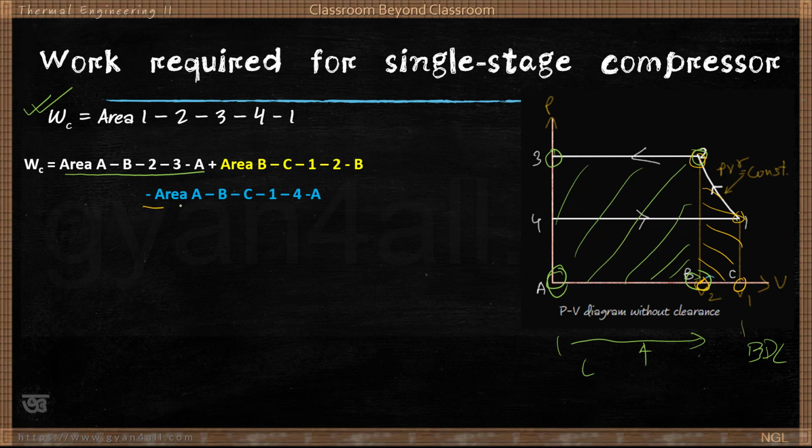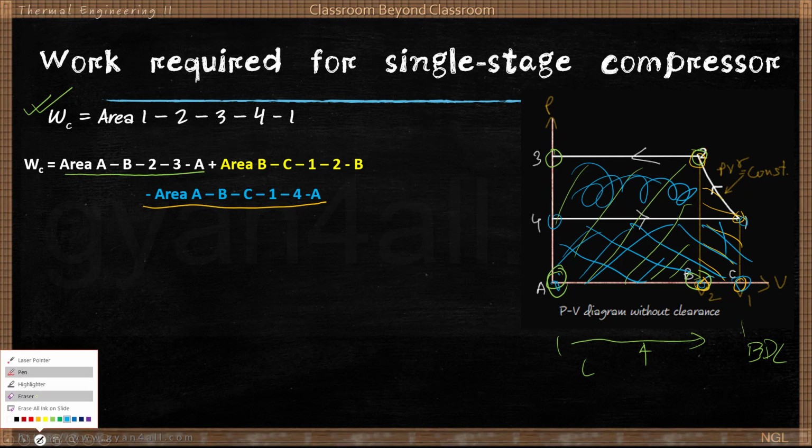So we have to deduct this area, and that is A, B, C, 1, 4, 1. That means this area we have to deduct. Then what will be the area remaining? So this is the area remaining. That way we can find this.